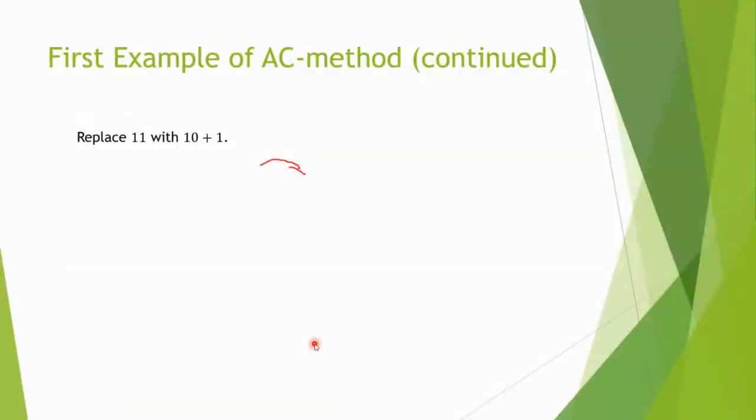Okay. So as I said in the method, we're going to replace 11 here with 10 plus 1. You're replacing the coefficient here with that sum. That's what I did here. And as the red marks are showing, you're going to have some distribution, distributing the x.